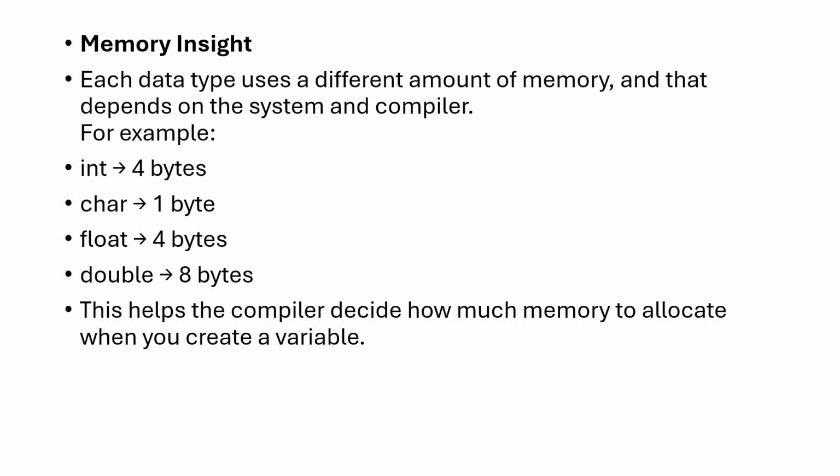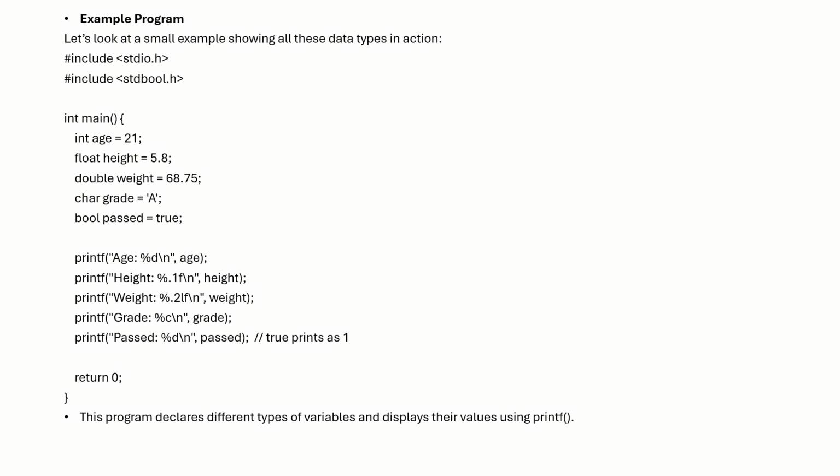Some insight: each data type uses a different amount of memory, and that depends on the system and compiler. For example, integer 4 bytes, character 1 byte, float 4 bytes, double 8 bytes. This helps the compiler decide how much memory to allocate when we create a variable.